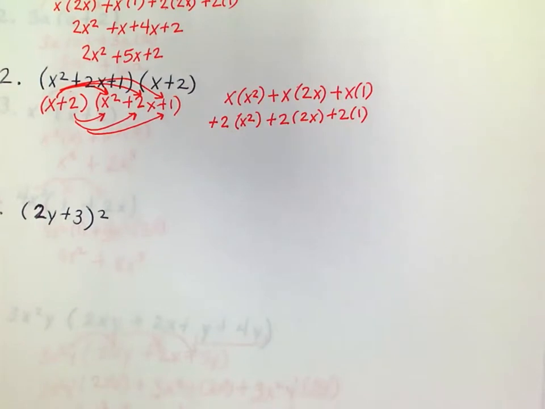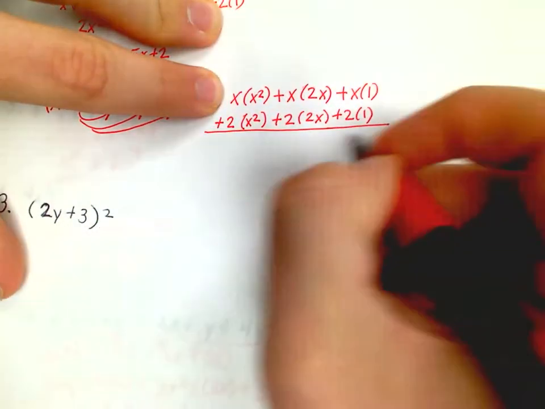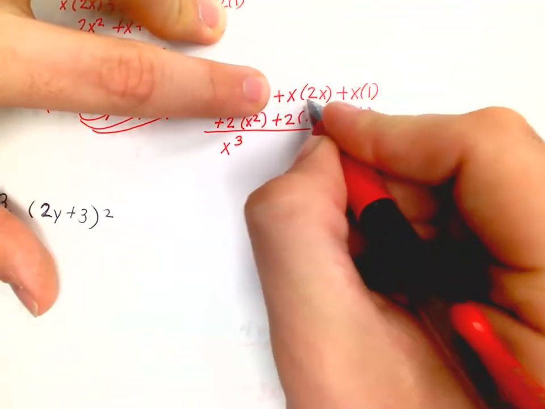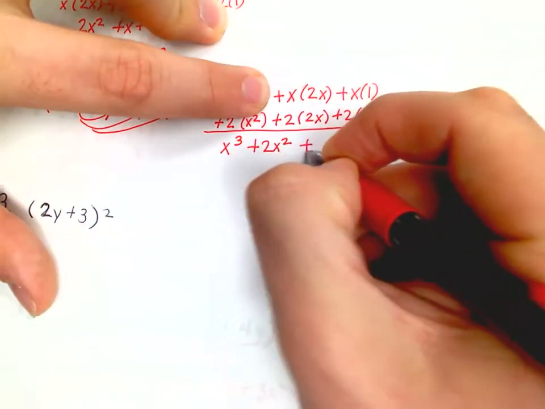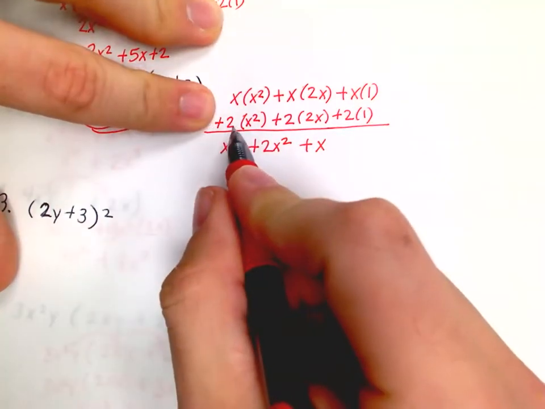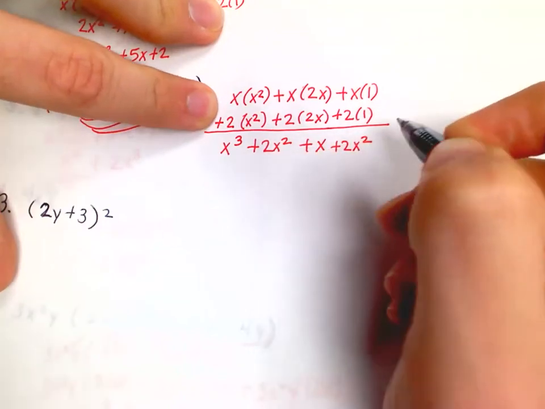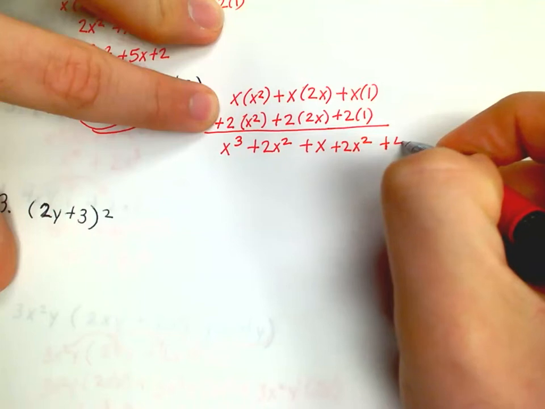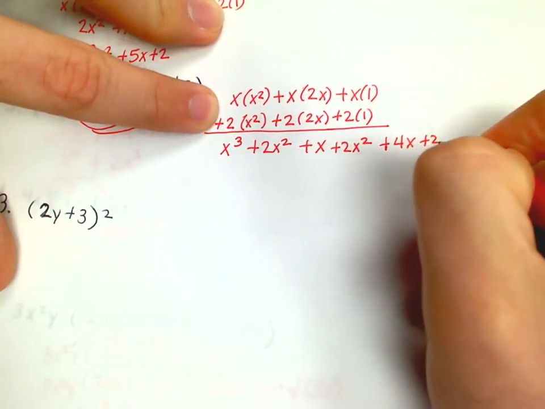If we go through and simplify, x times x squared is x cubed plus x times 2x gives us 2x squared plus x times 1 is x. And then over here we have 2 times x squared to give us 2x squared. Over here we have 2 times 2x, so it gives us 4x. And then finally we have 2 times 1, or just 2.